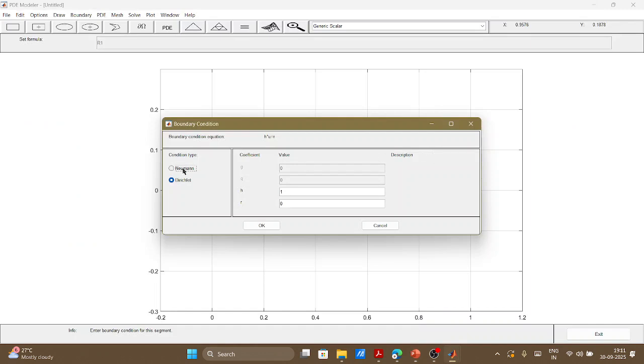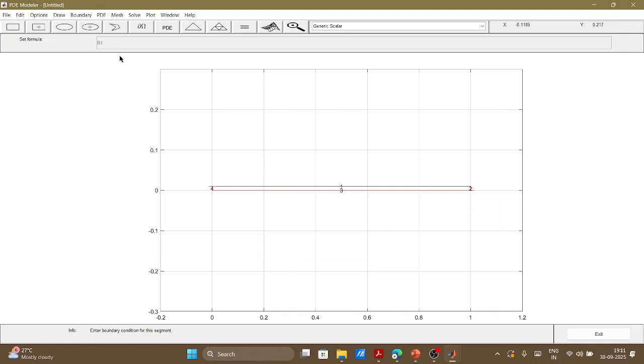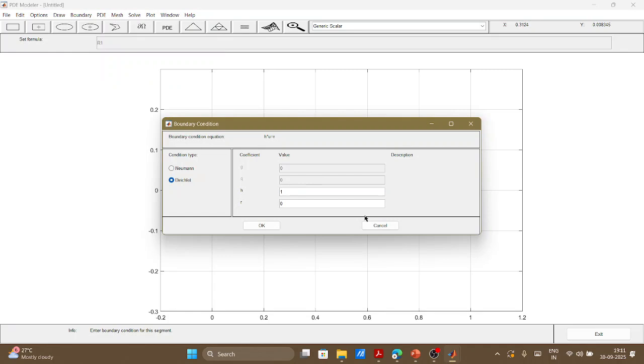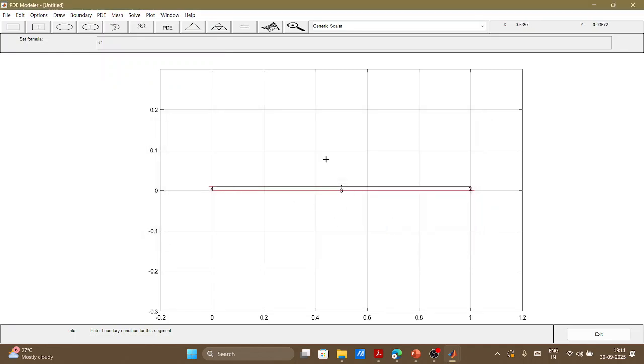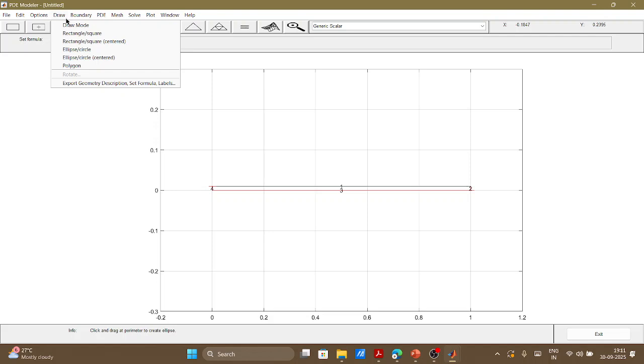So you have 2 options here: one is derivative based and the other is only function value based. Then you can provide individual boundary conditions by clicking on each edge, or you can directly put the value here.